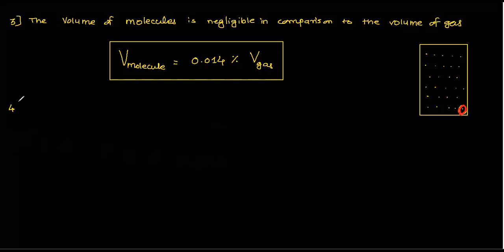Next assumption, fourth number: density of gas is constant at all points of the container.